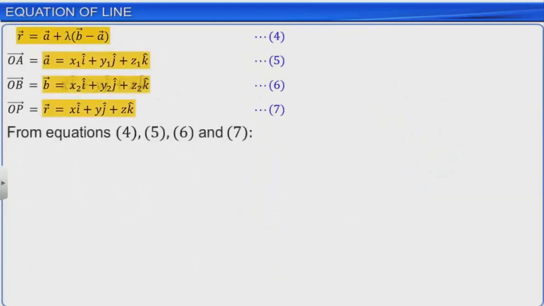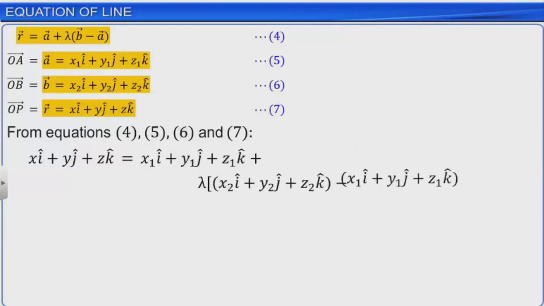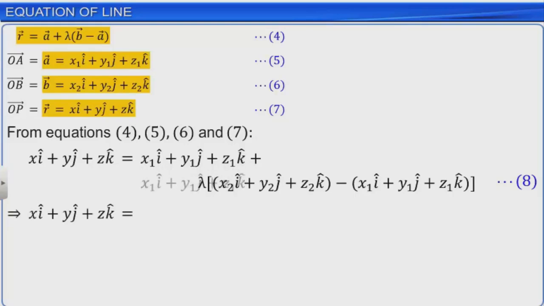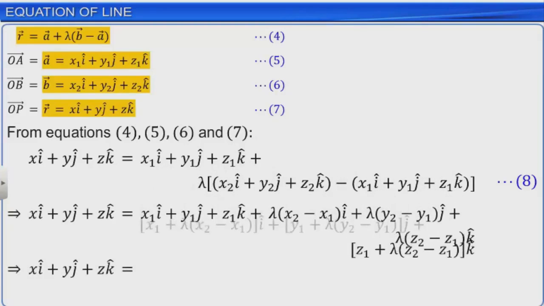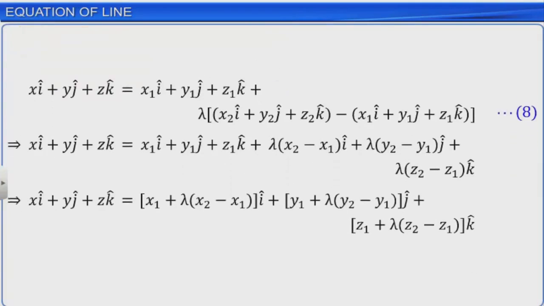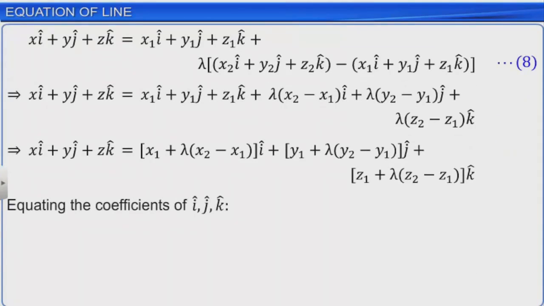Substituting the values of vectors A, B, and R from equations 5, 6, and 7 in equation 4, we get equation 8. Simplifying equation 8, and equating the coefficients of unit vectors i, j, and k, we get the equations for x, y, and z as shown.